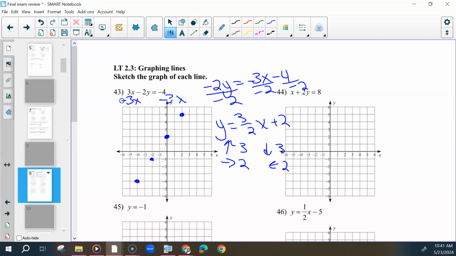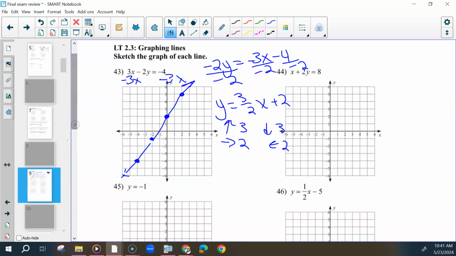Once you have all of your points, graph your line. Connect all of your points, draw arrows on the ends. Any other graphing questions?